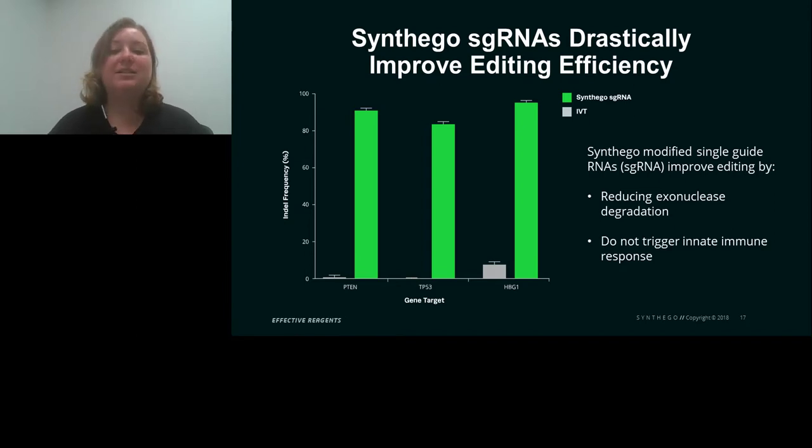What that does is help reduce the exonuclease degradation that occurs for the guide, as well as not trigger an immune response, which other formats may, because they're RNA floating around in the cell. As you can see here, this combined leads to an improved editing efficiency in comparison to IVT guides.